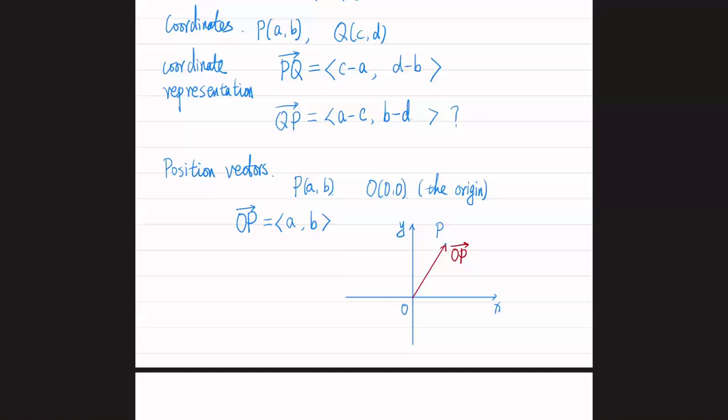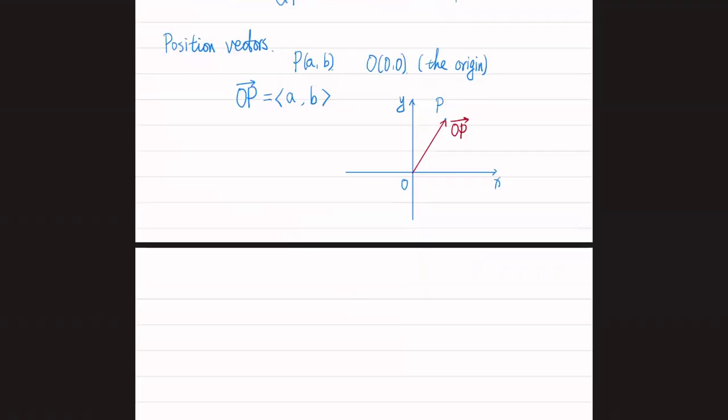Now we can see for any point on the plane, we have a vector from the origin, the position vector. It tells us where this point is. If we move from the origin in that direction, this distance will arrive at P. Okay.